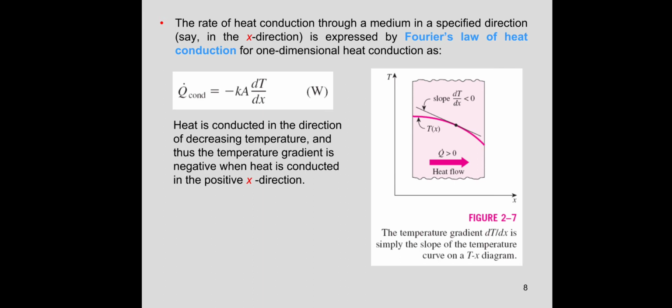Now generally the rate of heat transfer is measured using the Fourier law of heat conduction, which we have already studied. Heat transfer rate is directly proportional to the cross sectional area and temperature difference, and inversely proportional to the thickness of the wall.